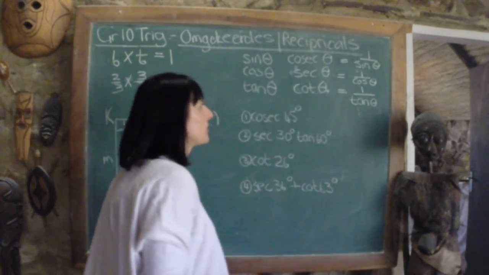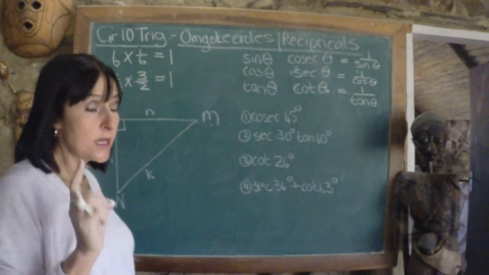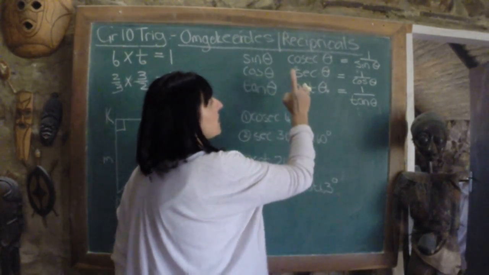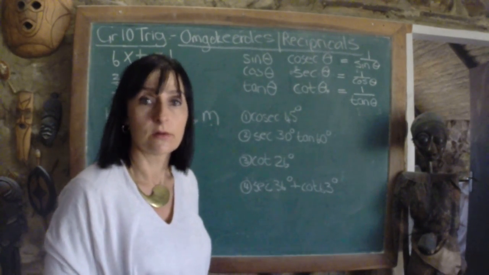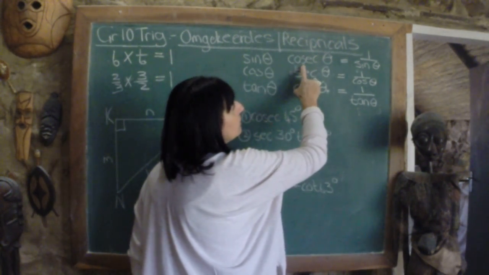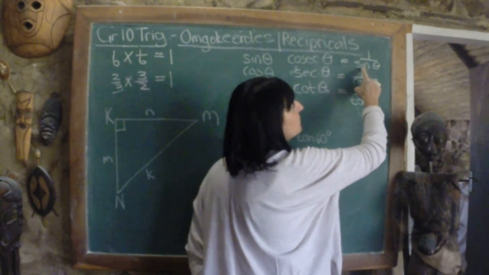Hierdie is verskriklik belangrik graad 10s, want as jy op jou sakrekenaar gaan kyk, dan sal jy sien dat daar nie 'n cosec, sec en cot op jou sakrekenaar is nie. So wanneer jy cosec sien, moet dit verander na 1 op sin theta.